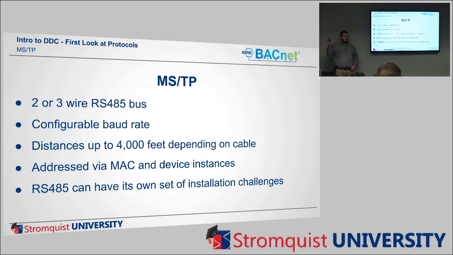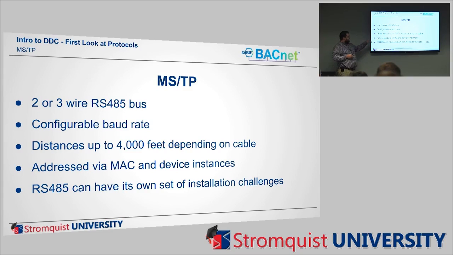To continue the analogy, I can slow that bus down. I can have a smaller bus slowed down and fix a lot of communication problems without having to go around the whole building, my whole 4,000 foot bus, trying to figure out where the problem is. You can run distances up to 4,000 feet.